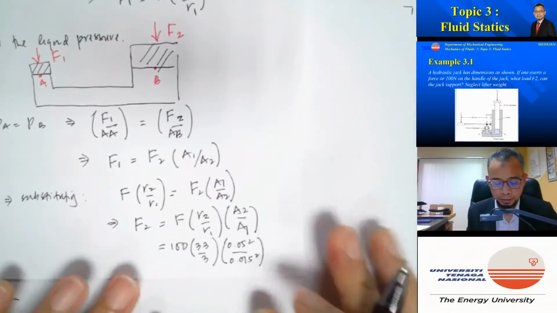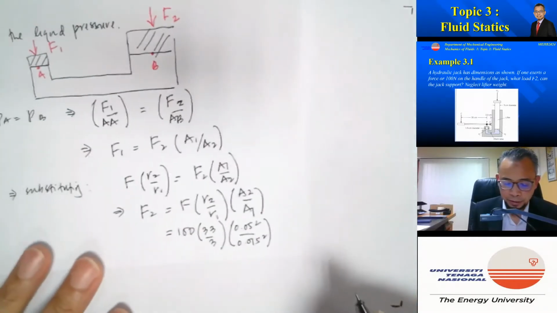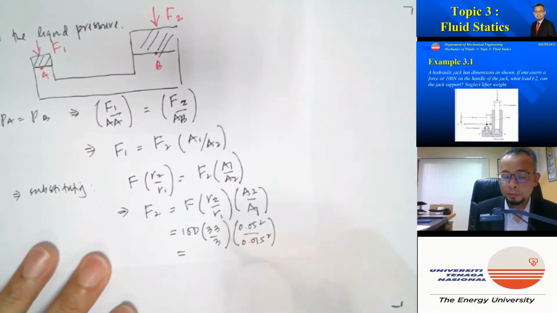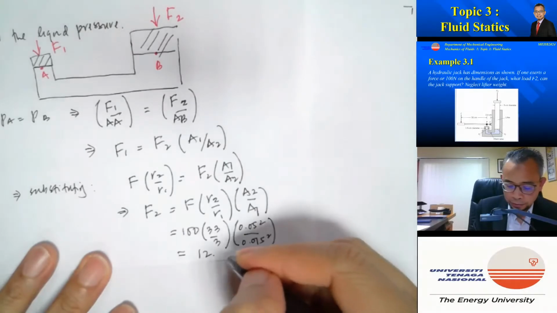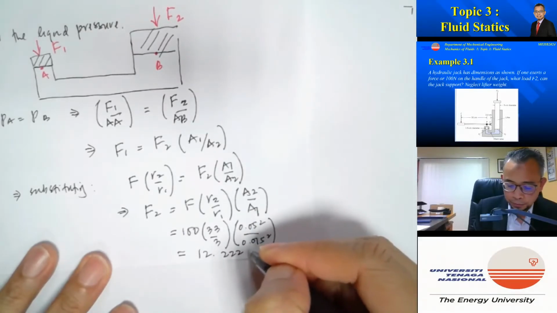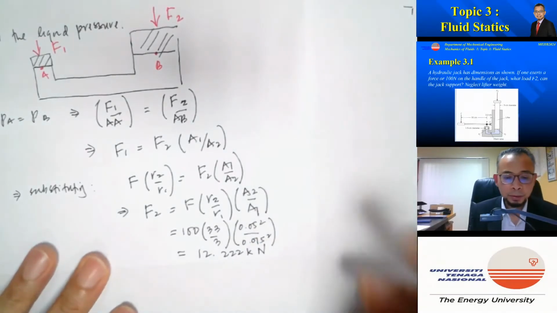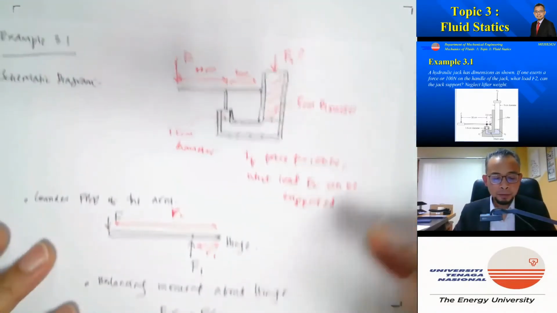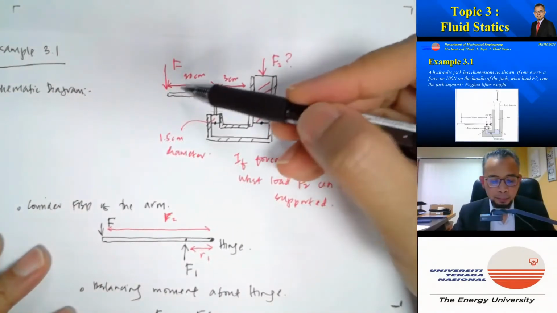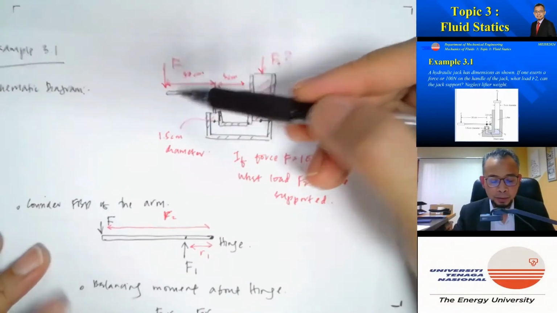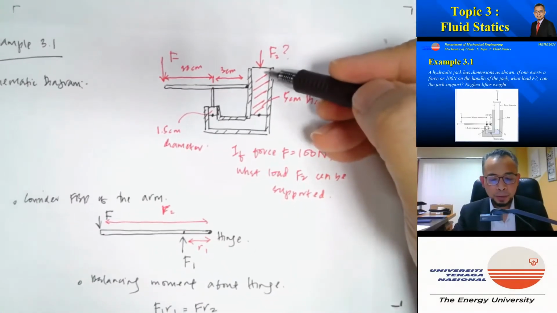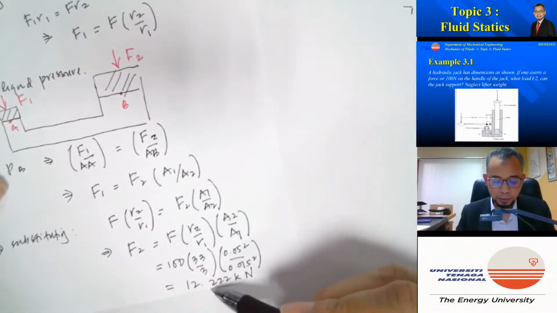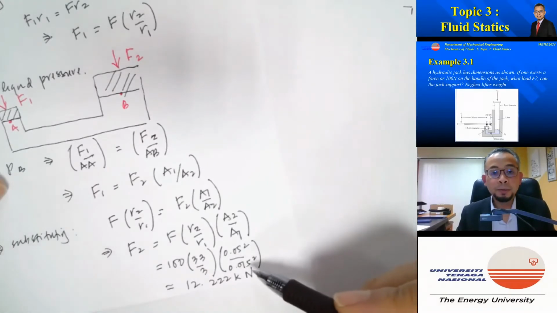The pi parts cancel with each other. So that gives us 12.222 kilo Newton. So we can see that by applying a force of 100 Newton, we can actually raise a weight of 12.222 kilo Newton.